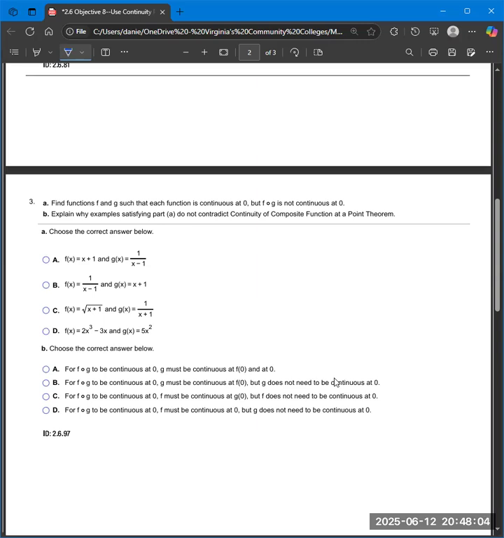So that looks like B will do that for us by substituting f of g of x would look like this, and then that would be 1 over x, which would mean x could not be equal to 0 or -1.